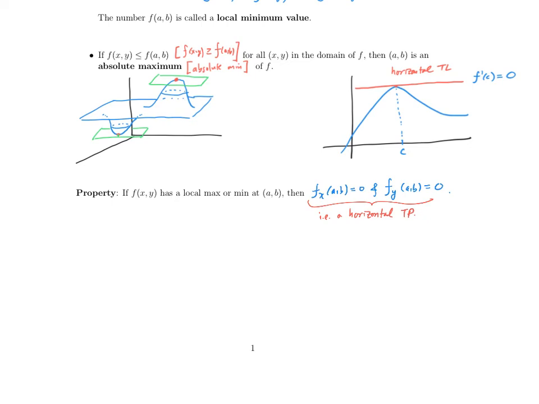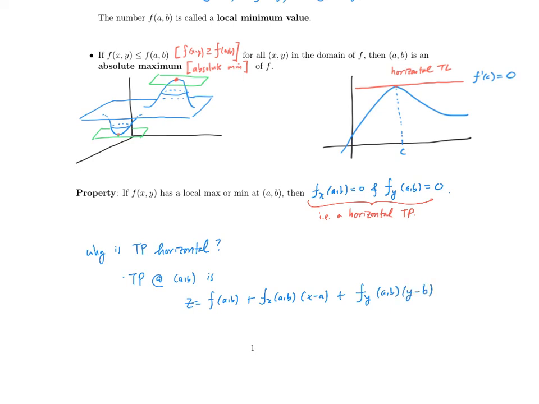And just to make sure we're all on the same page, why is the tangent plane horizontal? Well, let's kind of remind ourselves of that formula. It's always a good thing to go through a quick reminder. The tangent plane at (a, b) is given by the following formula. We have z equals f of (a, b) plus the partial with respect to x at (a, b) times x minus a, plus that corresponding y term.